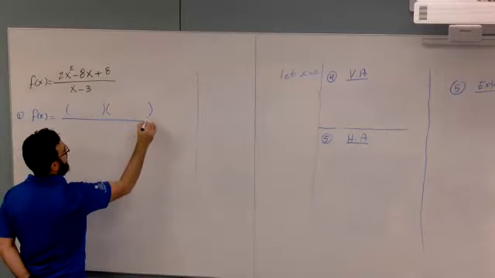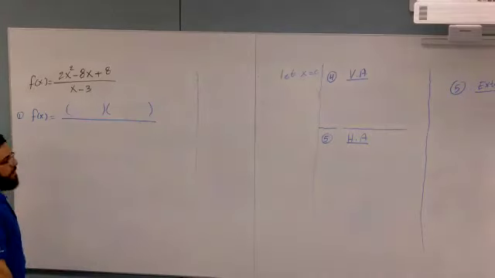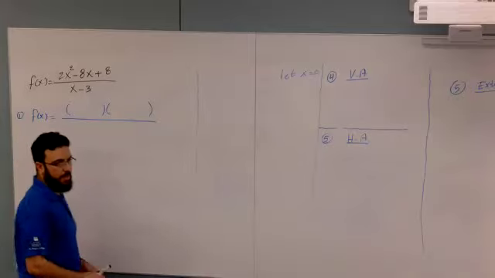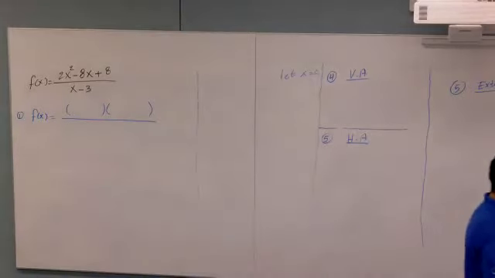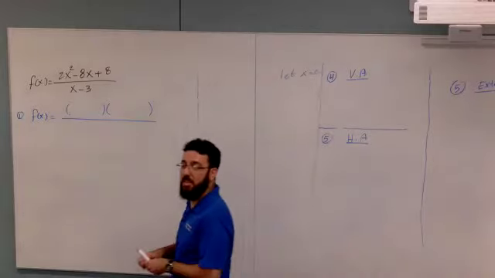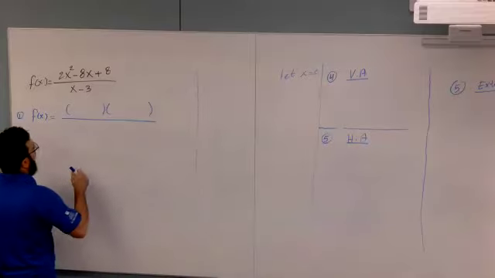It's going to be 2x minus 4. See it? 2x minus 4 and x minus 2.